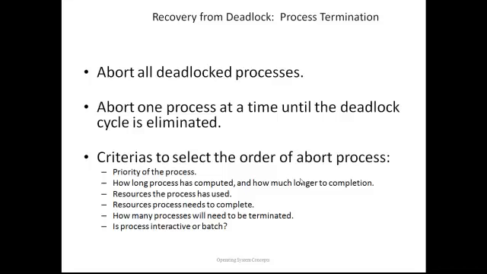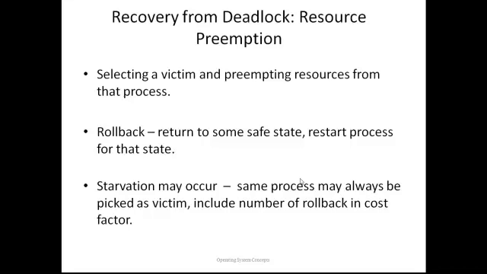They are the priority of the process, how long the process has computed and how much longer to completion, resources the process has used, resources the process needs to complete, how many processes will need to be terminated, and is the process interactive or batch.